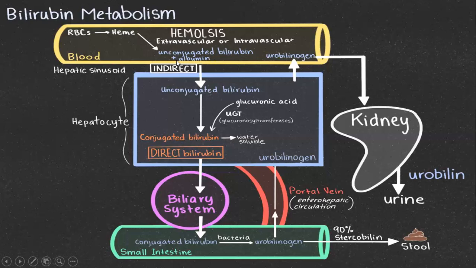Once it is attached to albumin, your unconjugated bilirubin is transported into the liver. It is transported into the liver via the action of the enzyme UDPGT. You got that?